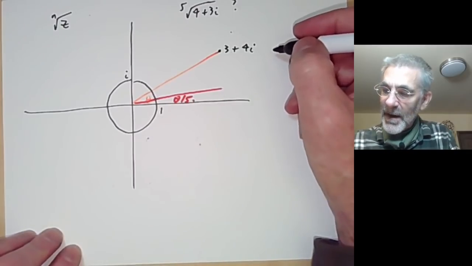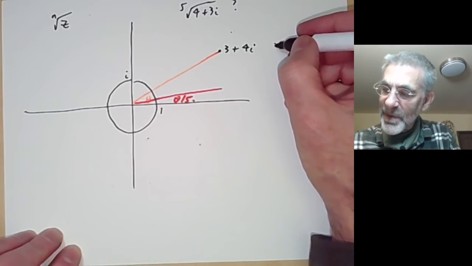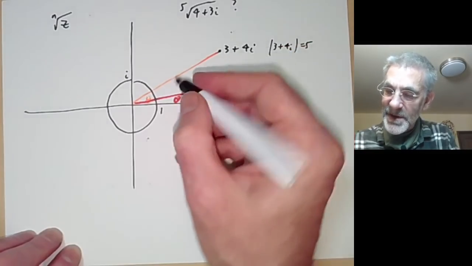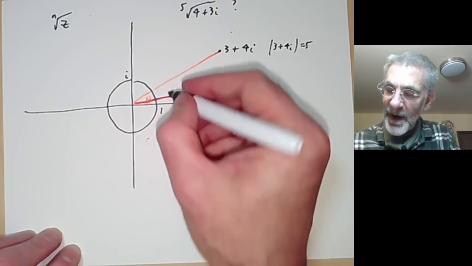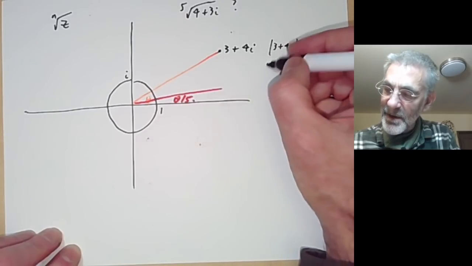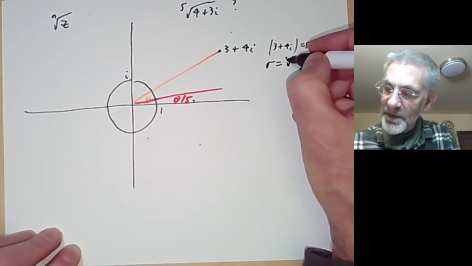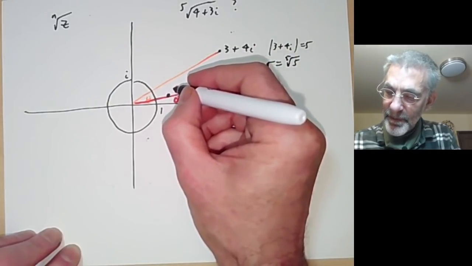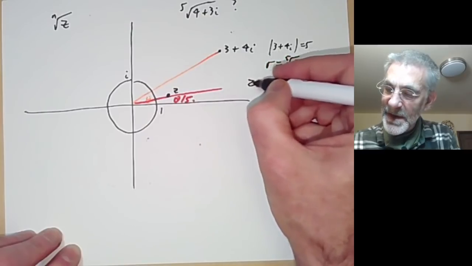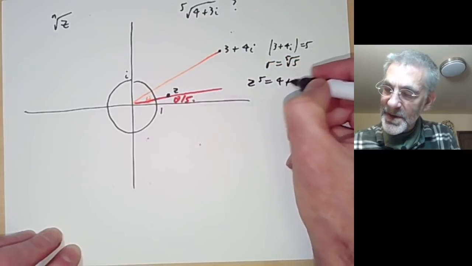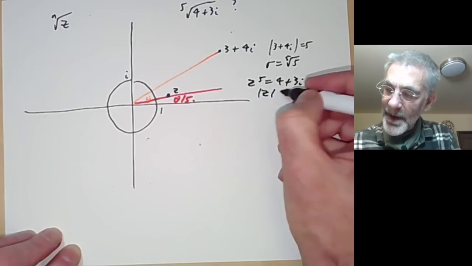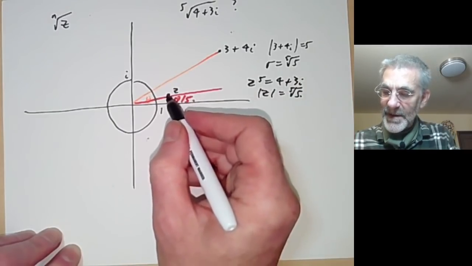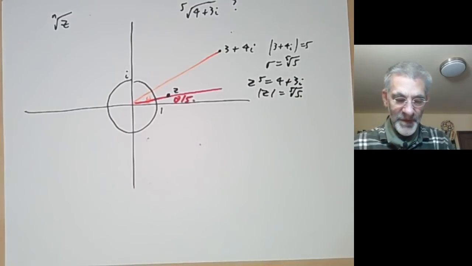Well, the absolute value of 3 plus 4i is, I guess, 5 by Pythagoras. So we take the 5th root of 5, which is going to be somewhere down here. So we want the r to be the 5th root of 5. And so we take this point here. So here we take the point z, and we have z to the 5 is 4 plus 3i, where z is equal to the 5th root of 5, and its argument is 1/5 of theta.